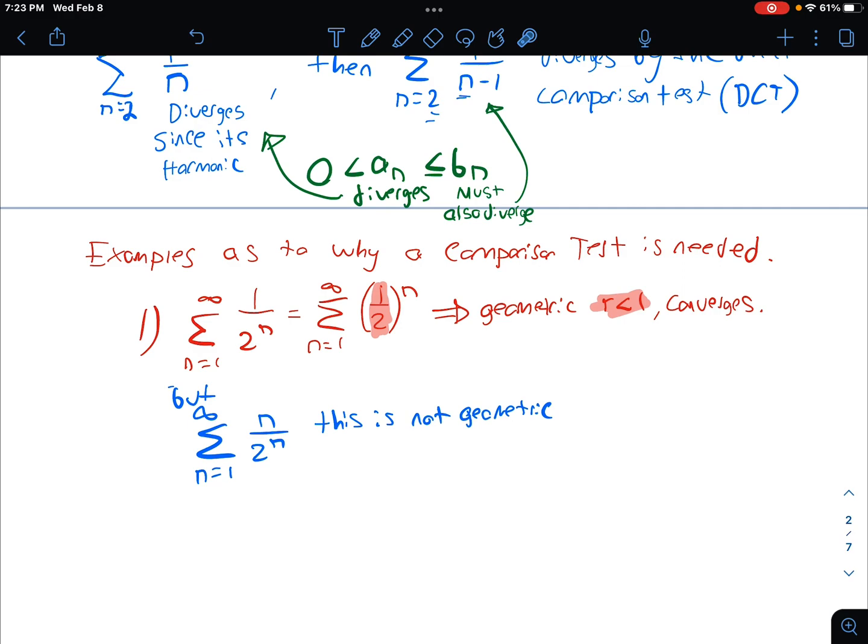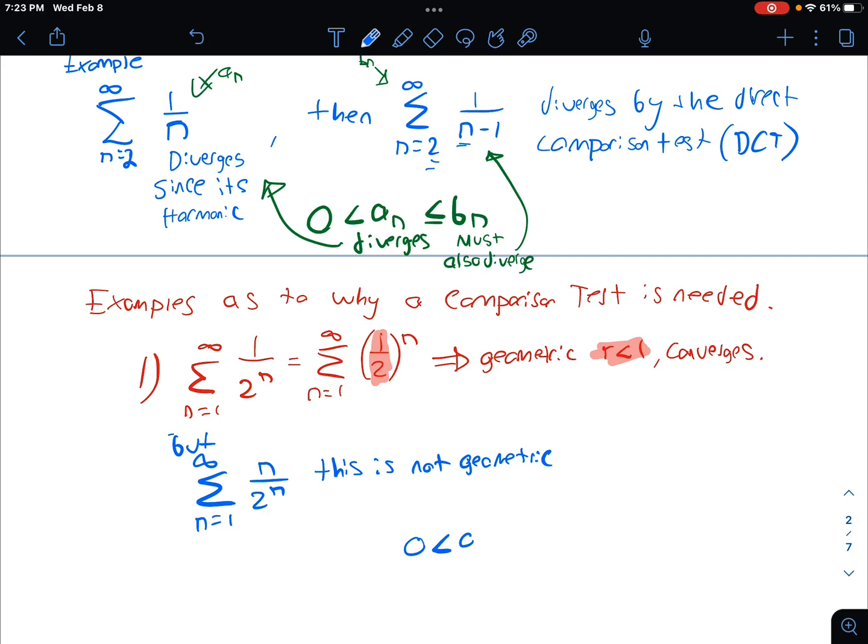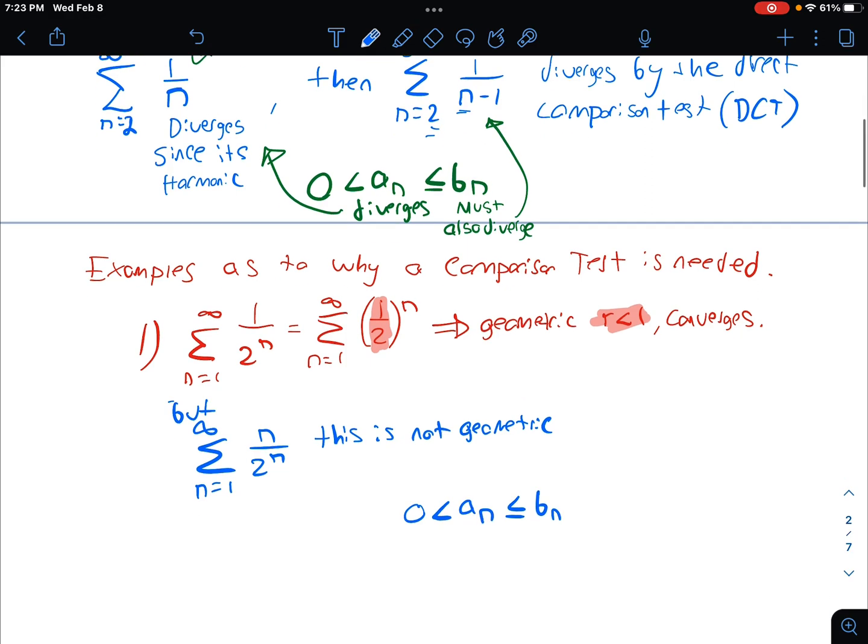Okay? And so if this converges, what we're looking for with the comparison test is the case where 0 is less than or equal to a sub n, which is less than or equal to b sub n for all values. And so what we're trying to do is show that this b sub n converges.